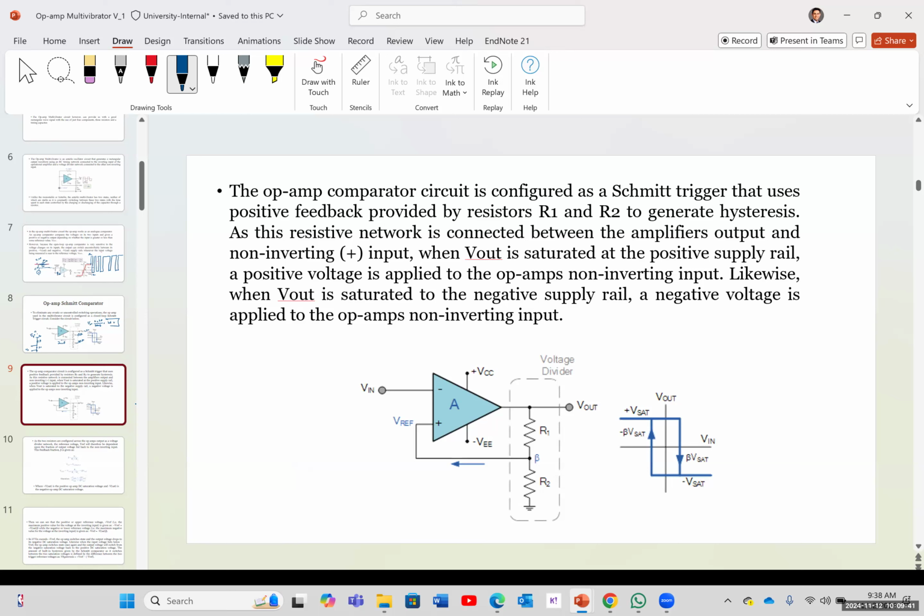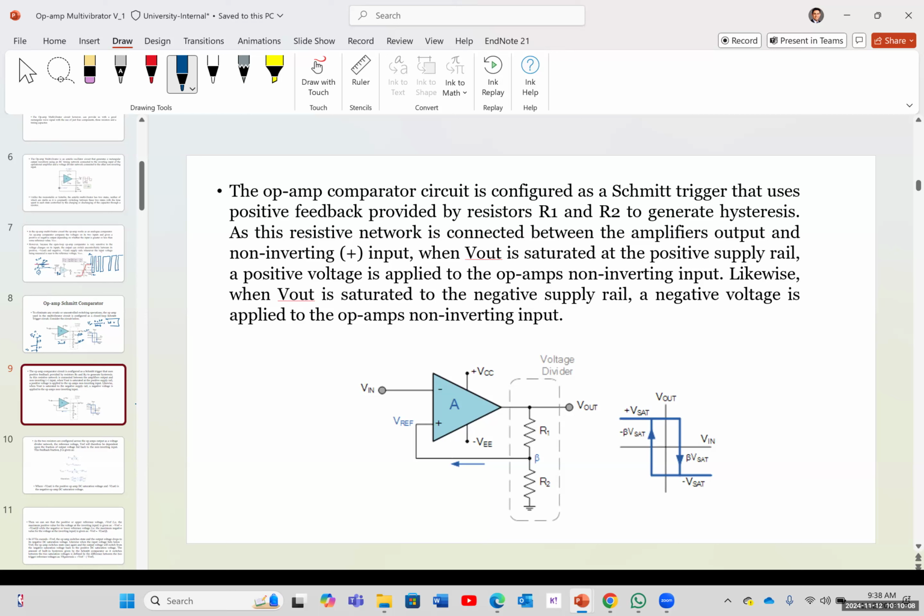So the op-amp comparator circuit is configured as a Schmitt trigger that uses positive feedback provided by resistors R1 and R2 to generate hysteresis. As this resistive network is connected between the amplifier output and the non-inverting input, when V out is saturated at the positive supply rail, a positive voltage is applied to the op-amp non-inverting input.